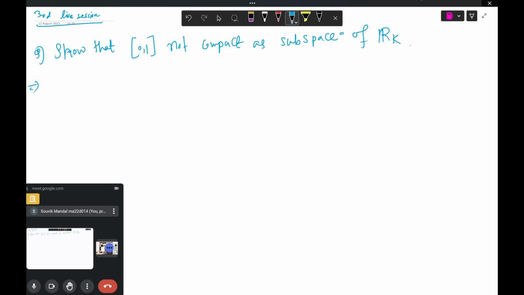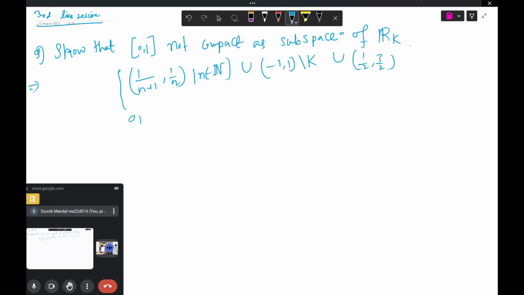Now observe that this set, the union of the intervals (1/(n+1), 1/n), together with (-1, -k) and (1/2, 3/2), is an open cover of the space, right?